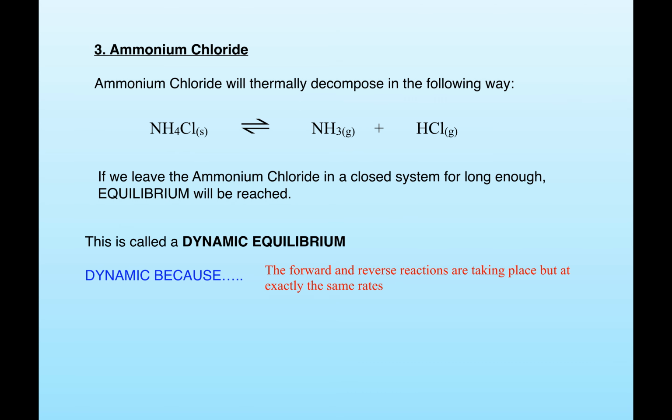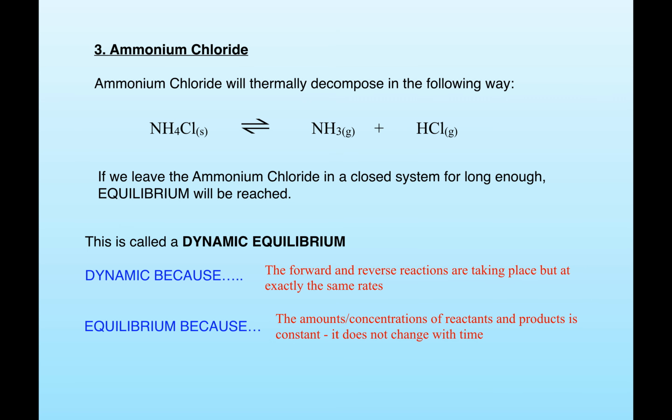It's dynamic because the forward and reverse reactions are taking place at the same rate. Why is it an equilibrium? It's an equilibrium because at any moment in time, the amounts of each of the products and the reactant are constant. The concentrations of the reactants and products are constant, and don't change with time.